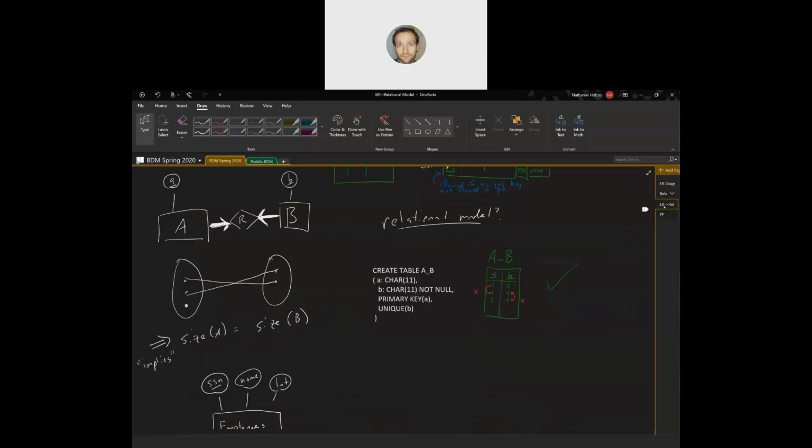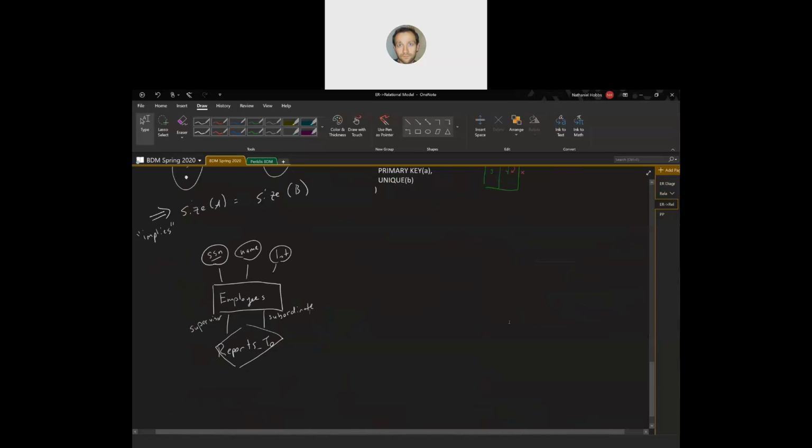Yeah, you're saying, so what would be an example where you would have a unique key where the value can be null, and that's not a problem. Is that right? Karina? Yes.